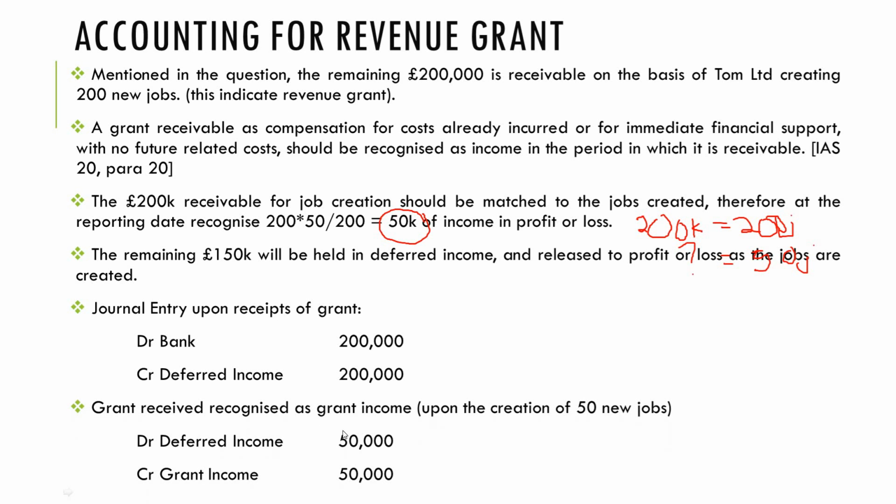And at the end of the year, upon the creation of 50 new jobs, we have to debit deferred income by 50,000. So please refer to the working here. Okay, 50,000. And you recognize grant income of 50,000 in your P&L. Okay, so this is how you record capital grant and revenue grant.